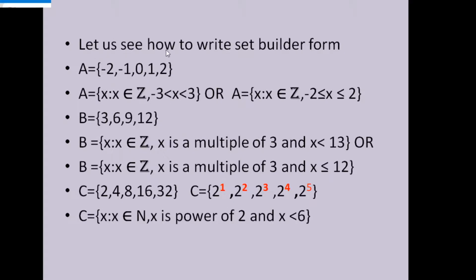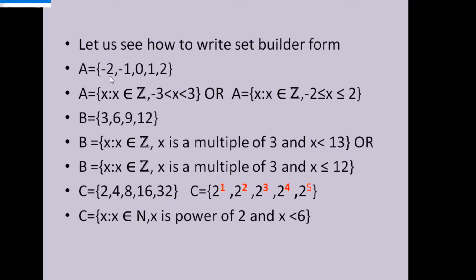Let us see how to write set builder form for the following examples. The very first one is set A is equal to -2, -1, 0, 1 and 2. So this is a set containing these elements, and we have to first find out what is the common property for all the elements in the set.